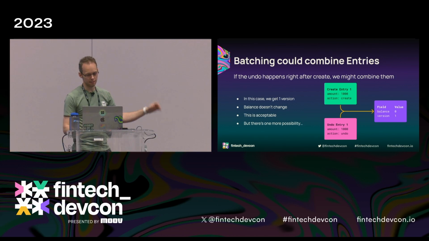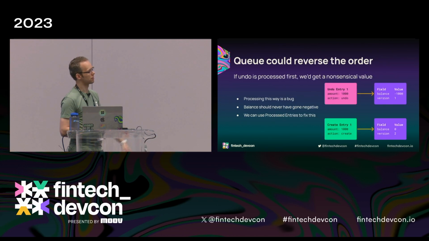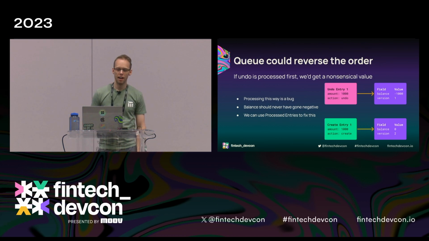But the third case is that we just get them out of order. The undo comes in seconds, minutes before the create. And if we process this naively, we subtract the balance before we add it, and the account balance shows that it's negative, but it was never actually negative at any point in real time. So this is a bug.